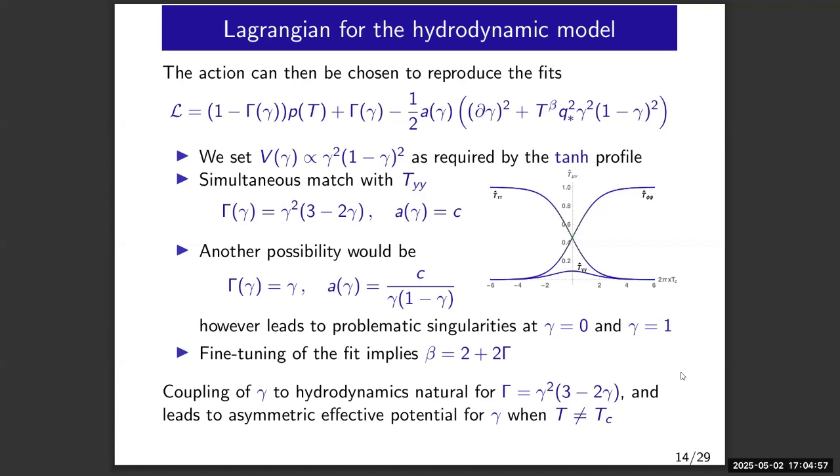So the gamma dependence here and the potential here, which you recall was also set to a constant, combine nicely into a temperature-dependent effective potential, which has an expected structure: at critical temperature, you just have a regular double well, and when you go to a temperature different from critical temperature, you create an imbalance between the vacua.